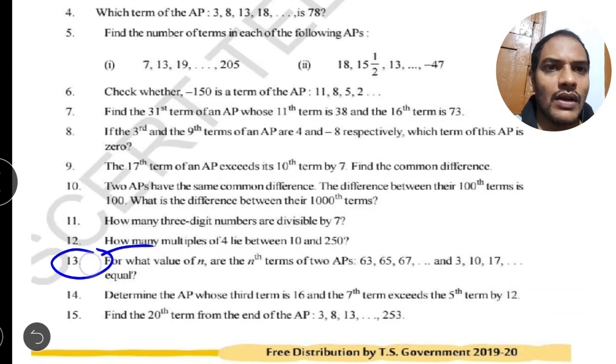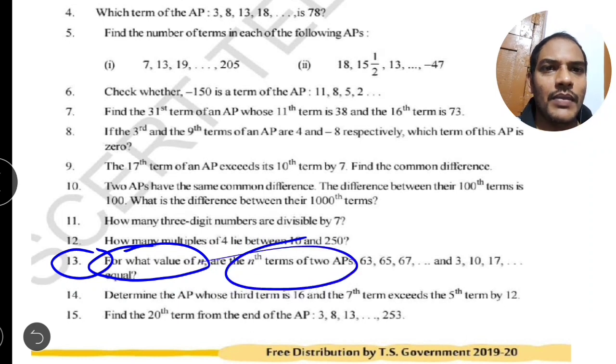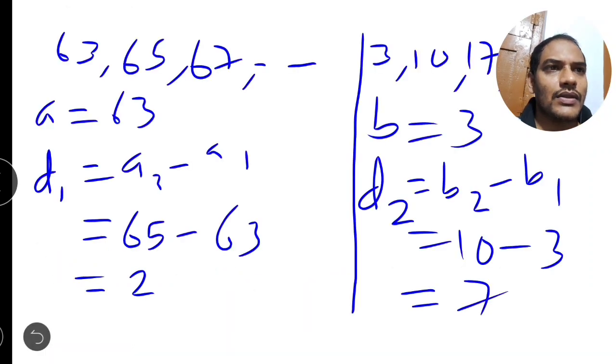So for what value of n are the nth terms of two APs equal? That means the first AP's nth term, an, and the second AP's nth term, bn, should be equal, then we can find the n value.